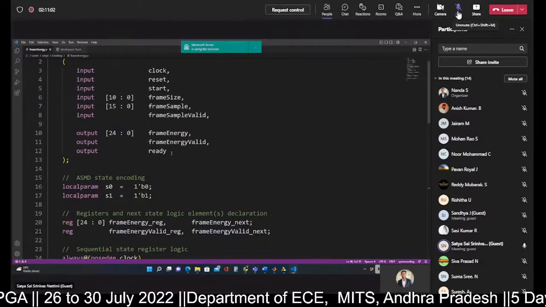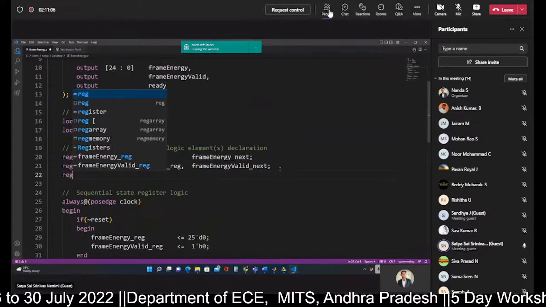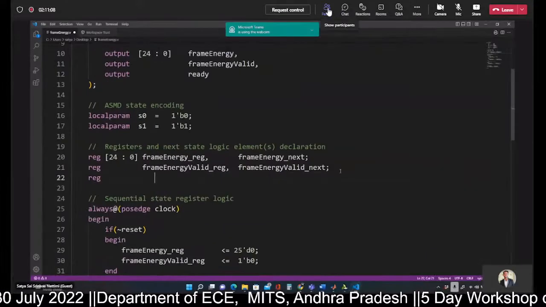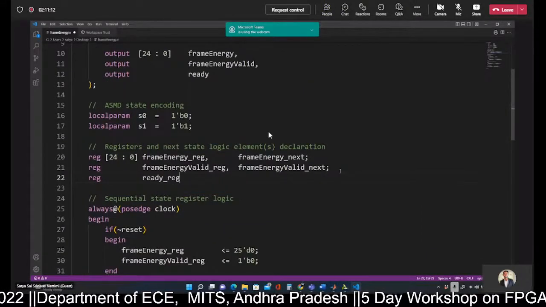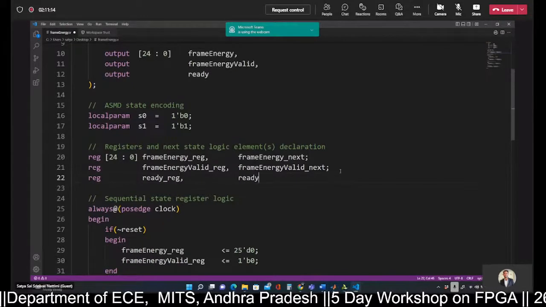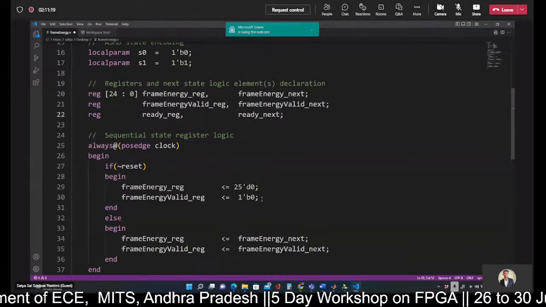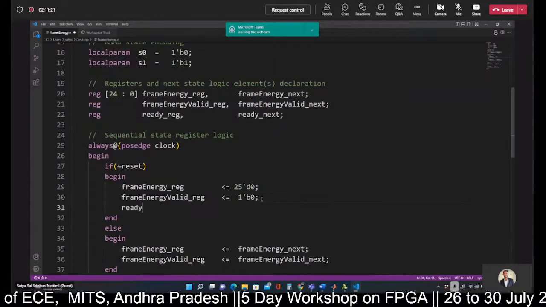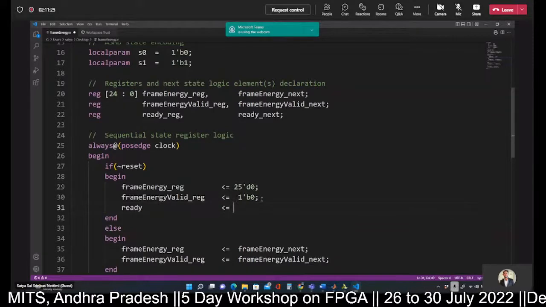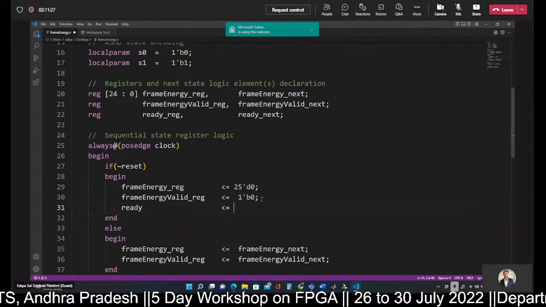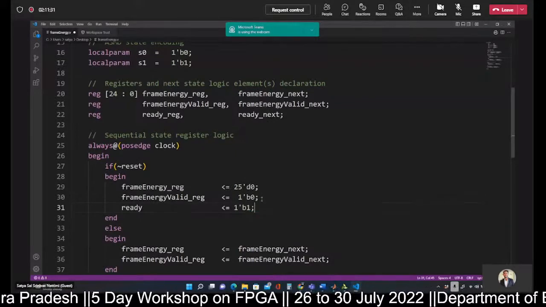So similarly, one more output is there, that is ready. So for that, again, we will create one register that is ready_reg, and a next state value that is ready_next. Now, when you are applying a reset, ideally the module will be in the idle state. Idle state means it is not doing any work. So the ready should be 1'b1.